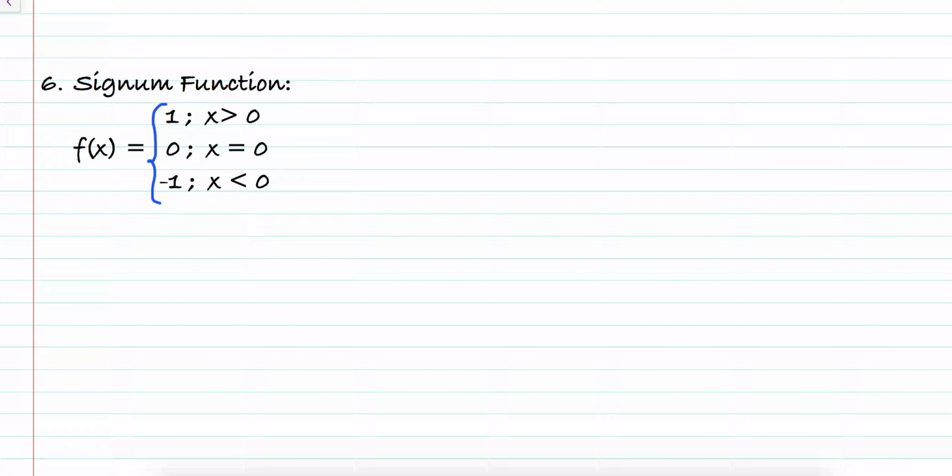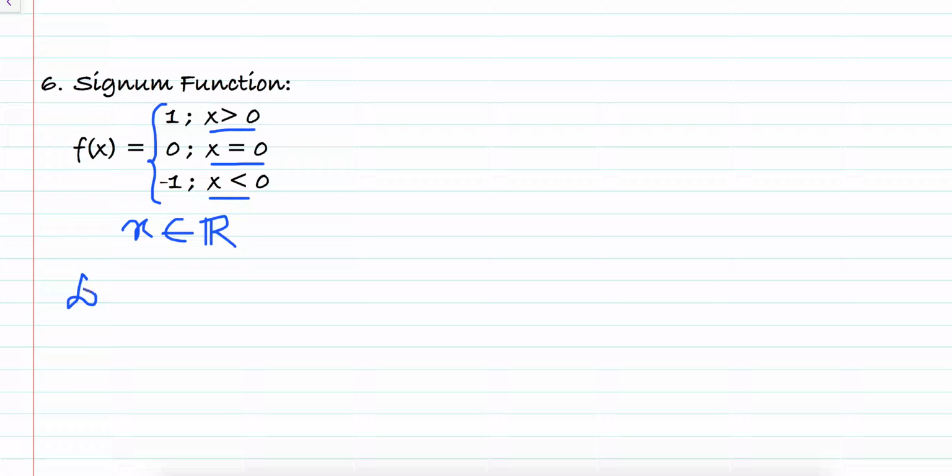So it's defined for all the values of x belonging to real numbers, and whatever value of x we take, either it will be greater than 0, equal to 0, or less than 0. So it's defined for all values of x.